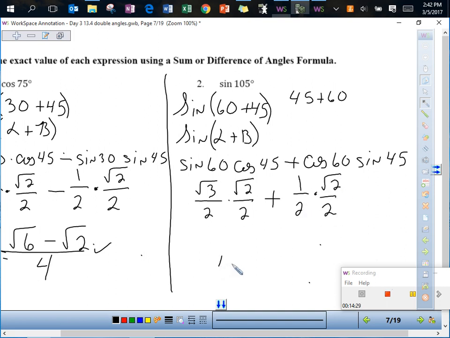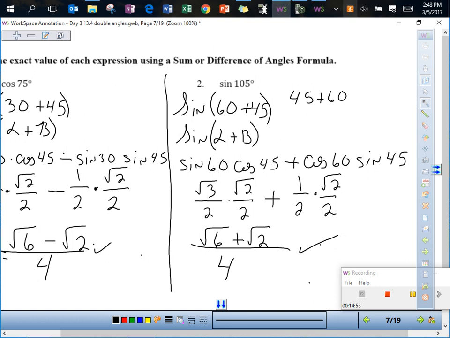Now to bring this home, my common denominator is 4. 2 times 2 is 4 on this one. 2 times 2 is 4 on that one. Now just go get your numerator. Radical 3 times radical 2 is radical 6 plus 1 times radical 2 is radical 2. Stop. That's your answer for the sine of 105.